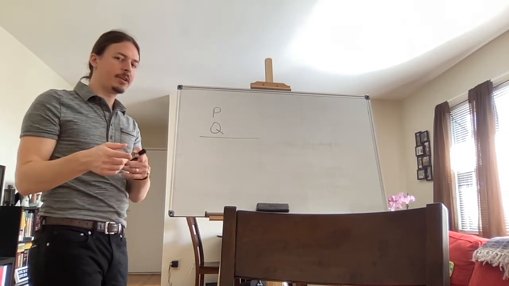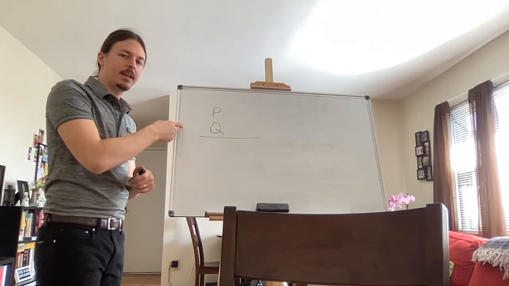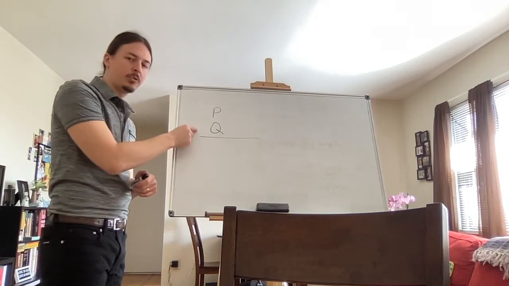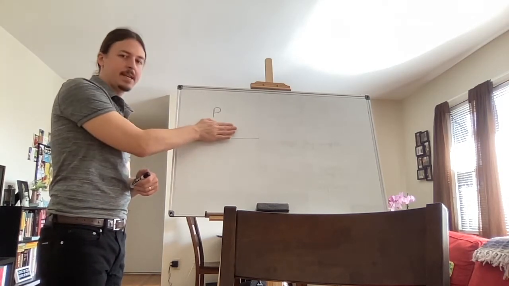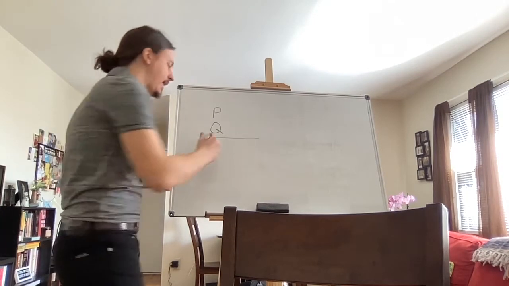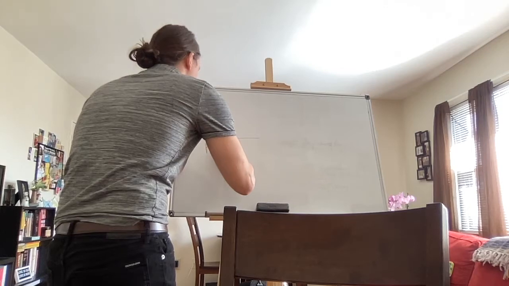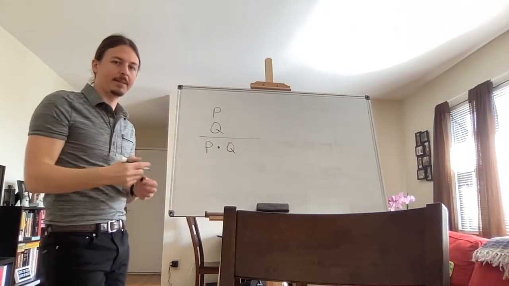We call those conjunctions, right? Well, this proof conjoins the two asserted variables into one claim. So if P is the case, and if Q is the case, you can then make the claim that P and Q as one thing.